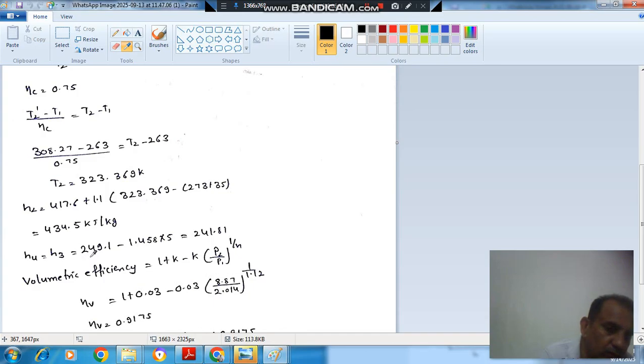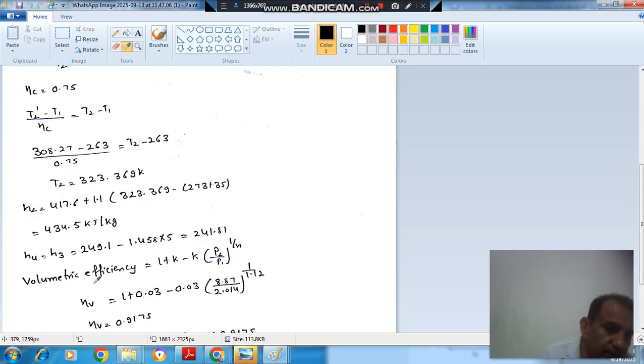So that will be 249.1, Hf, minus Cp into the temperature decrease or subcooling. That will come out as 241.81 kilojoule per kilogram.